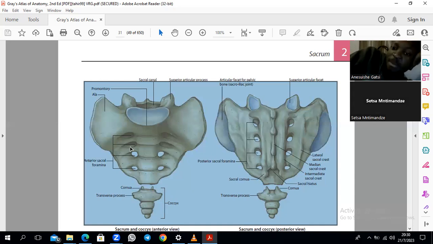The posterior part will have its own orientation. This pelvic surface faces downward and forward in an anatomical position.